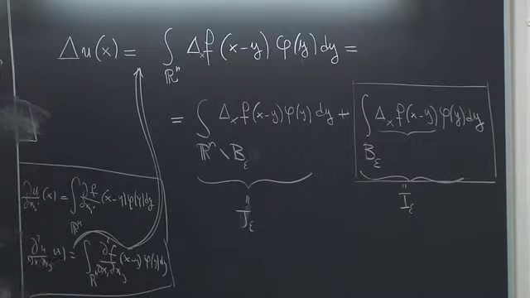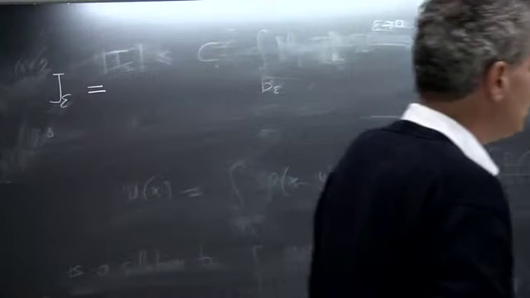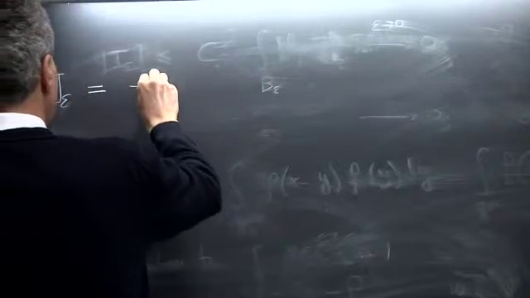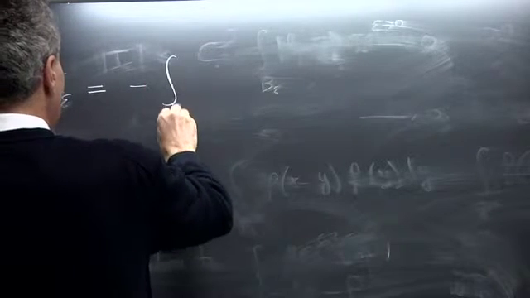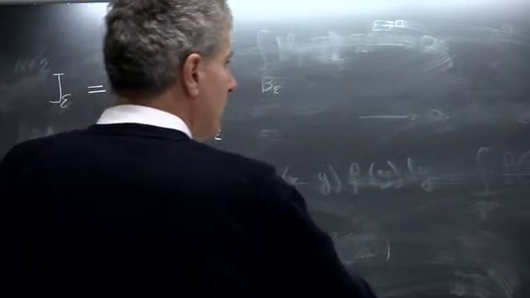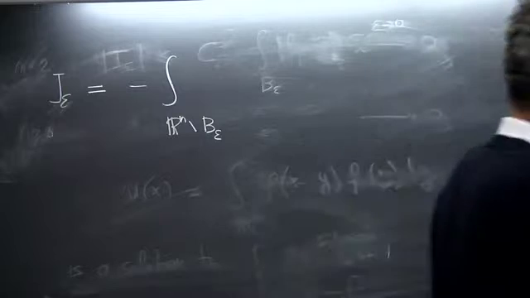So now I can integrate by parts. And so I can write that J epsilon is equal to, so it is minus the gradient. Oh no, maybe there is another trick here.